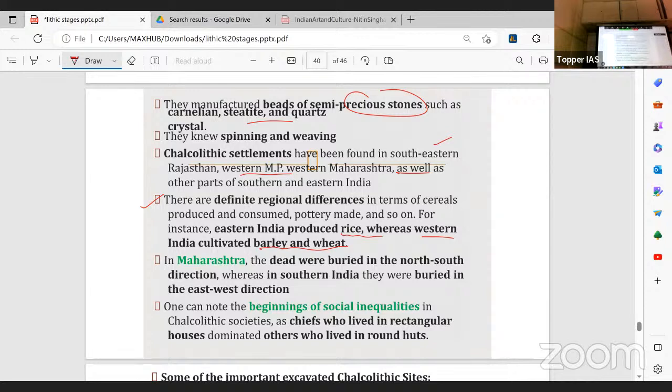And one more characteristic: in Maharashtra, the dead were buried in the north-south direction, but in South India it was in the east-west direction. The Chalcolithic phase showed the beginning of social inequalities.